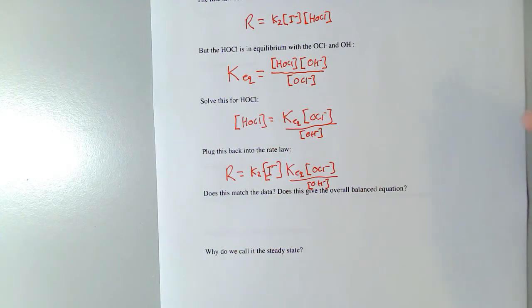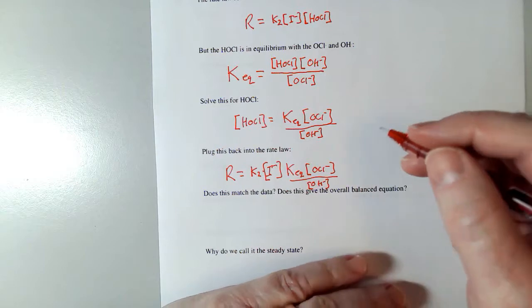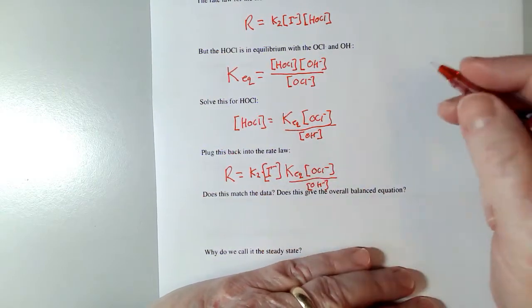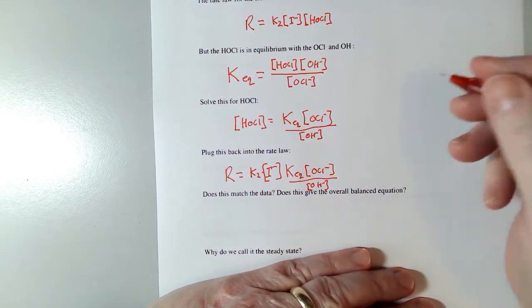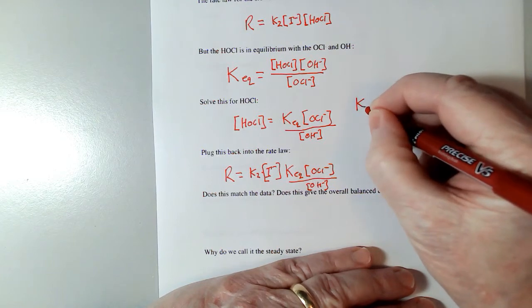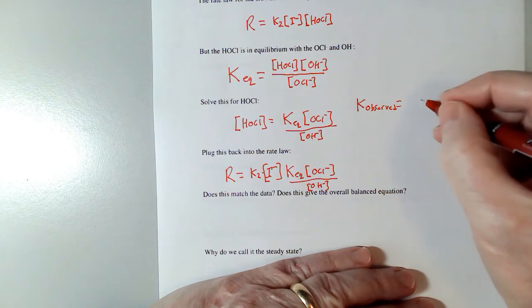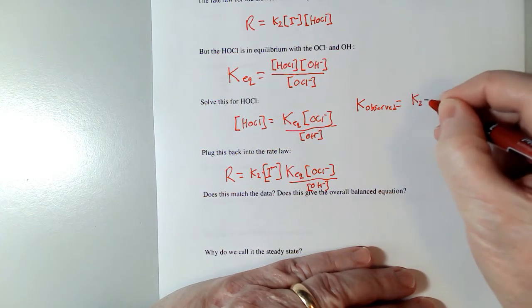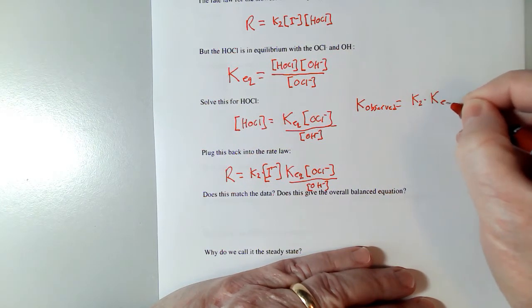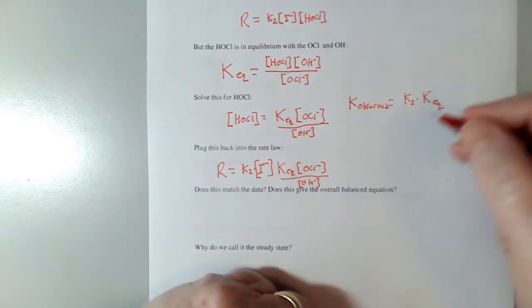Now, let's see. I've got two constants here. Let's make them one constant. We'll call it K observed equals K2 times K EQ.